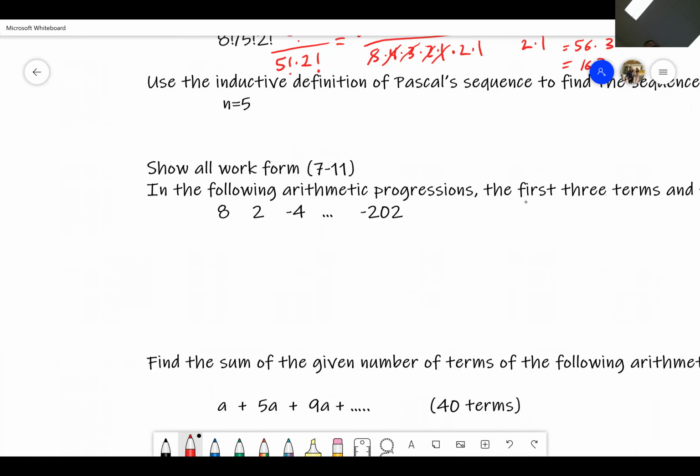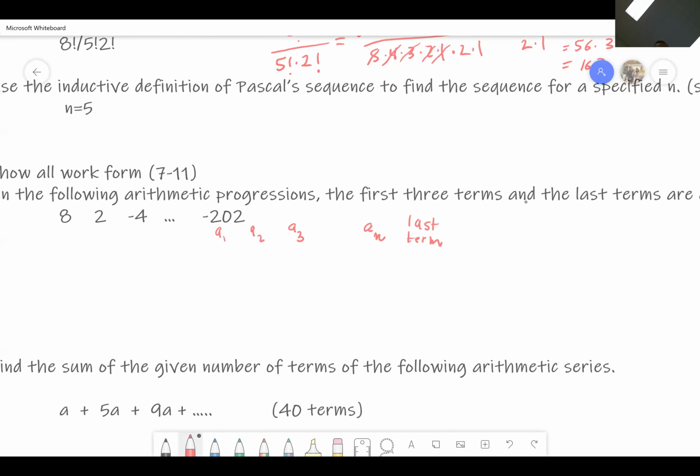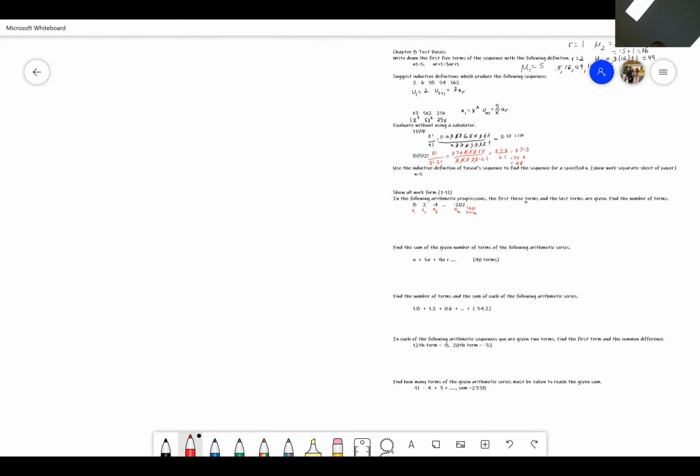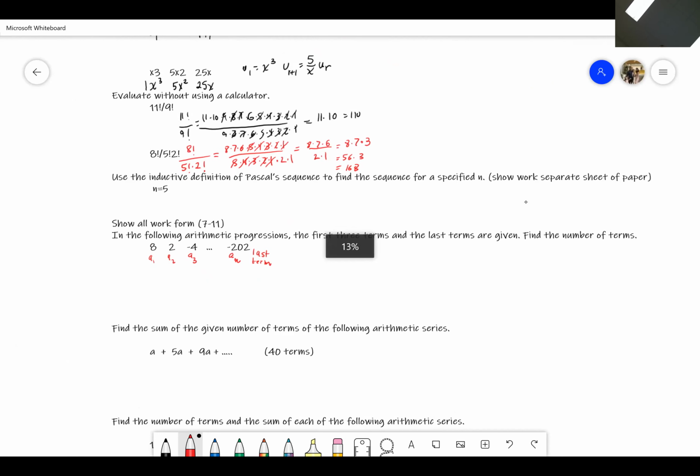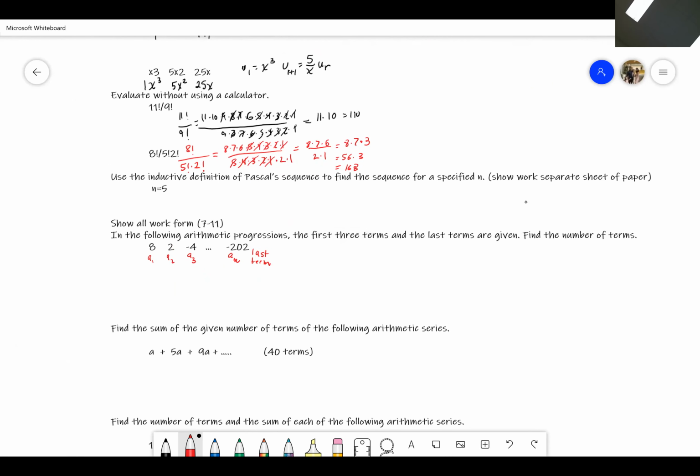So this is A sub 1, this is A sub 2, this is A sub 3, and this is A sub n. We don't know which n it is, but let's just say this is the last one. And they want us to find n. How many terms do we have there?